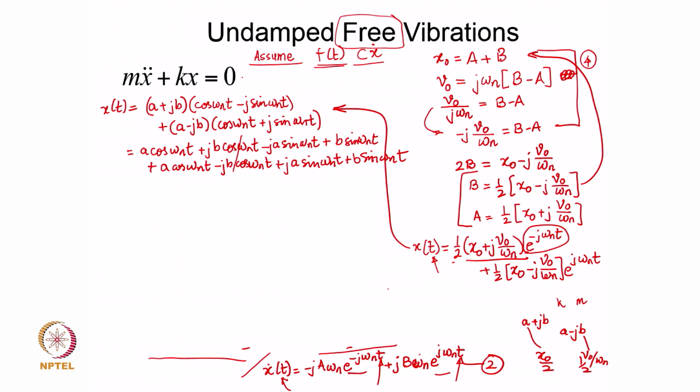This one cancels out, that one cancels out, and then you are left with finally 2 a cos omega n t plus 2 b sin omega n t.